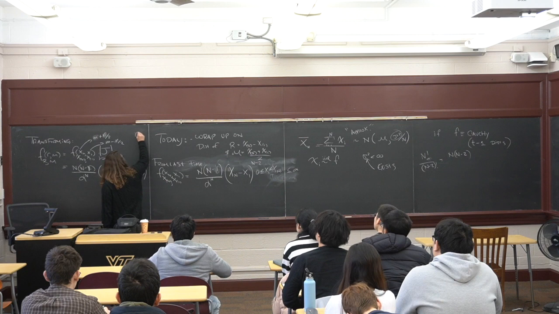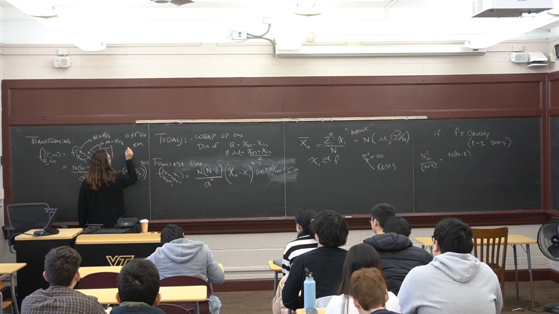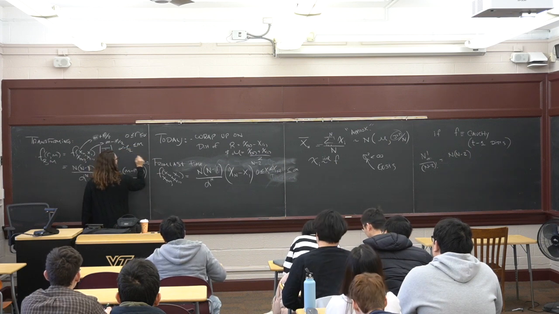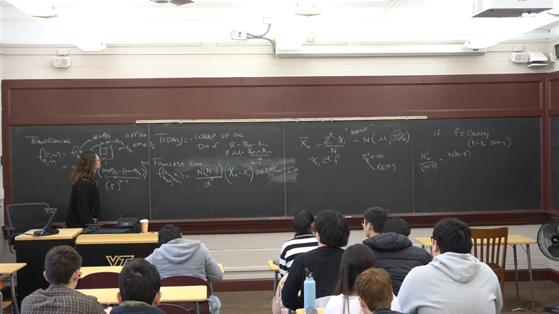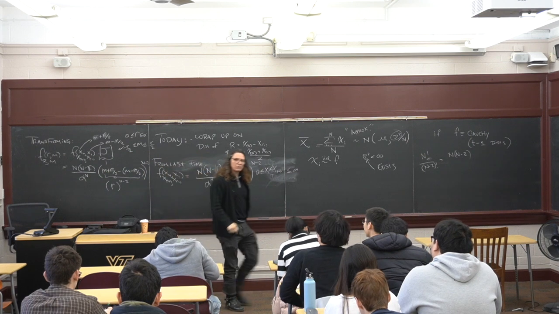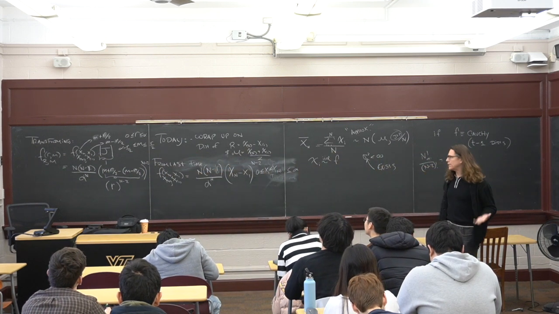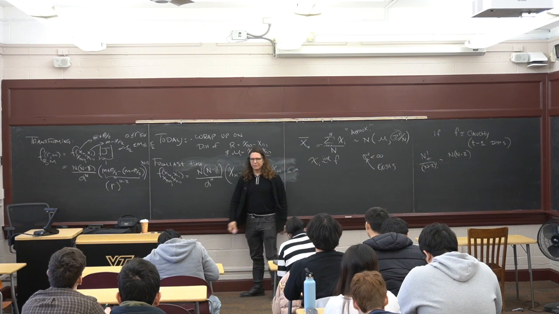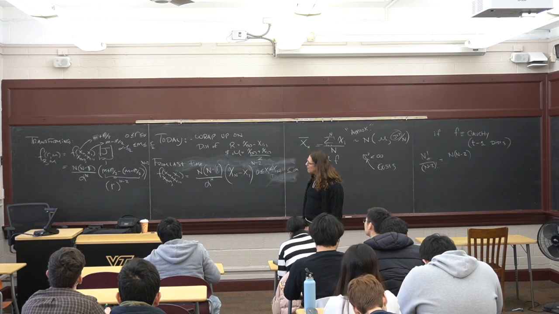So r lives between 0 and alpha, and then m lives between alpha minus r over 2 and r over 2. So that's what we've done last time. That's that triangular shape. So there's definitely information about r and m. You have to stare at the bounds to see it. So that's what we had last time.